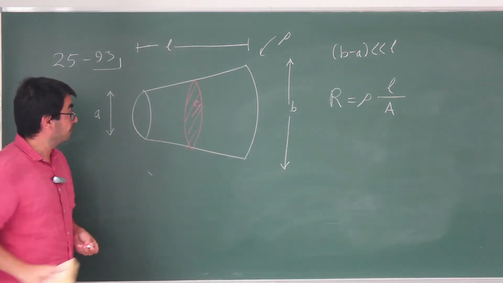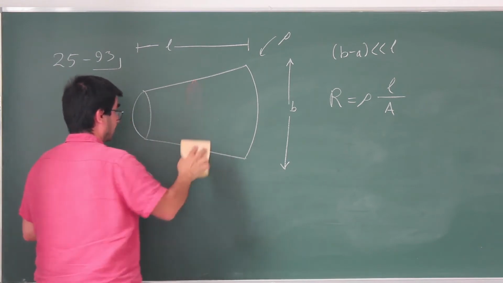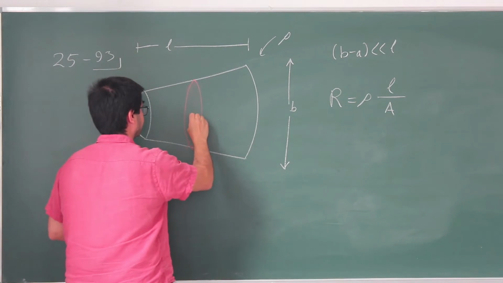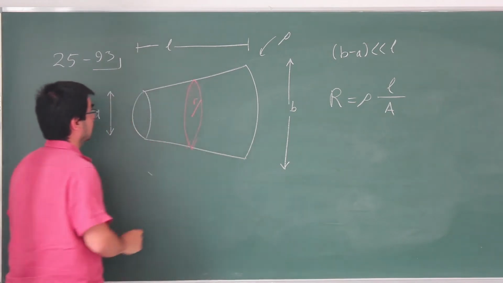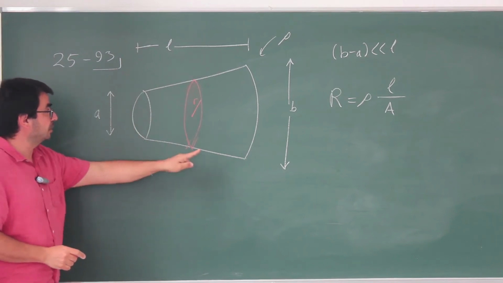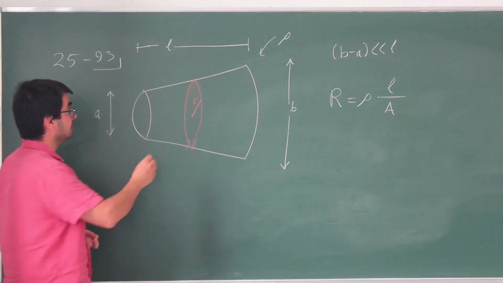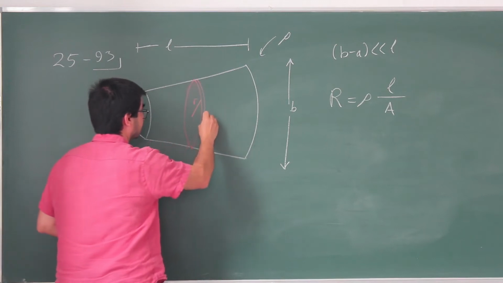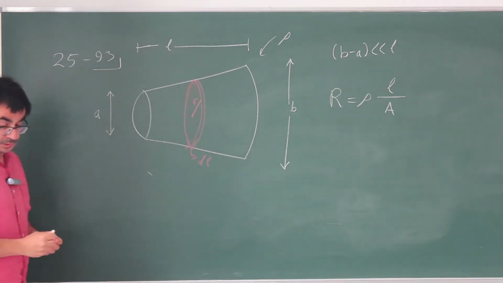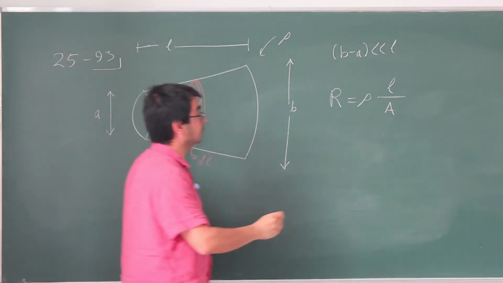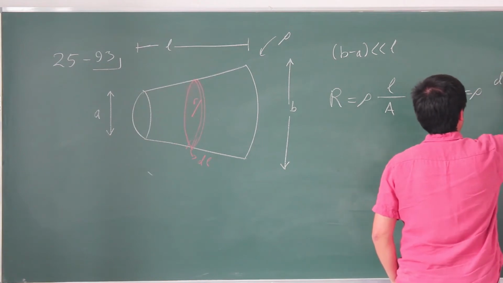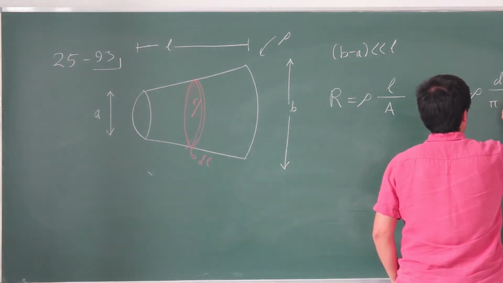This r is going to change from A over 2 to B over 2 as you move from one side to the other. Each of these discs has some thickness, let's say dl, and some resistance dR, and that dR is going to be ρ times dl by pi r squared.